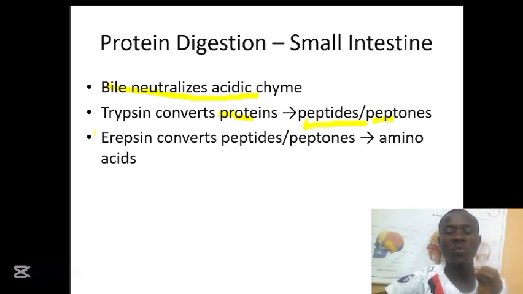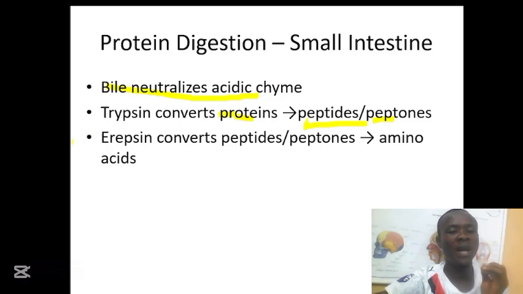That food will move into the second part of the small intestine called the jejunum. The wall of the jejunum has intestinal glands. These glands produce intestinal juice, which also contains a lot of enzymes, but we are going to focus on enzymes that are proteases, that means enzymes that can digest protein.